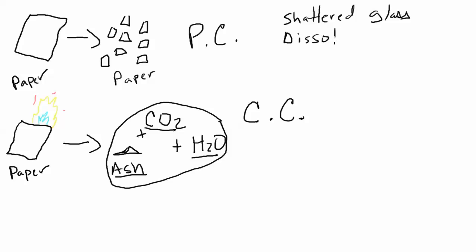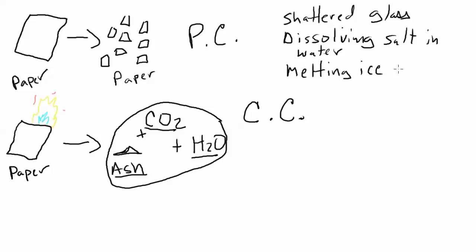So dissolving salt in water, that's another example. You still have water and salt when you dissolve salt in water. A melting ice cube. As a matter of fact, any kind of state change is a physical change. So those are some examples of physical changes.